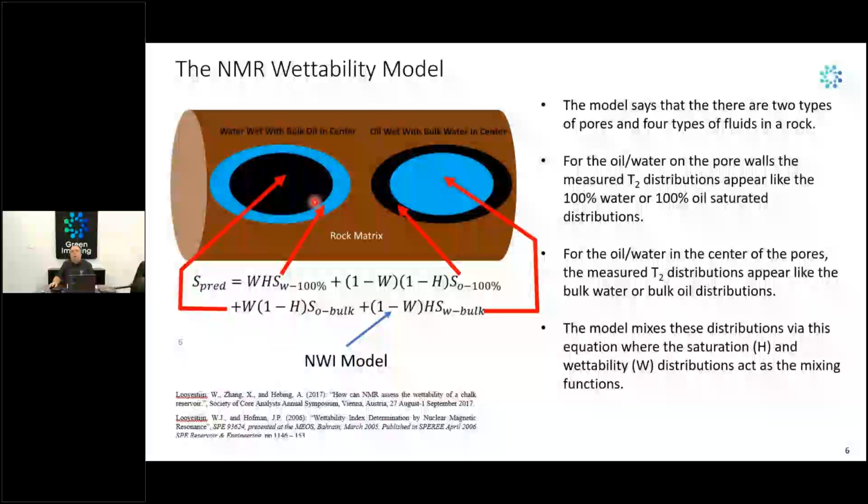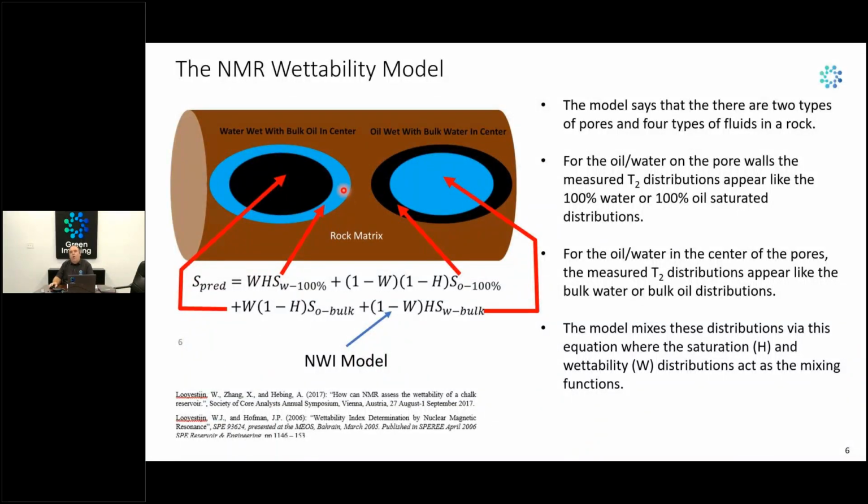There's water on the surface of the pore, oil on the surface of the pore, and hence there's oil in the middle of the water wet pore. In the middle of the oil wet pore, there's water. And so the T2 distributions that I just showed on the last slide are each of these four.